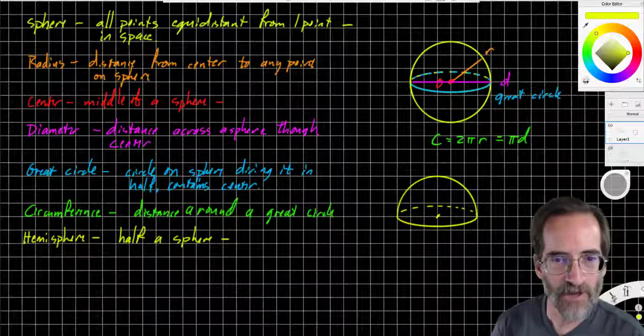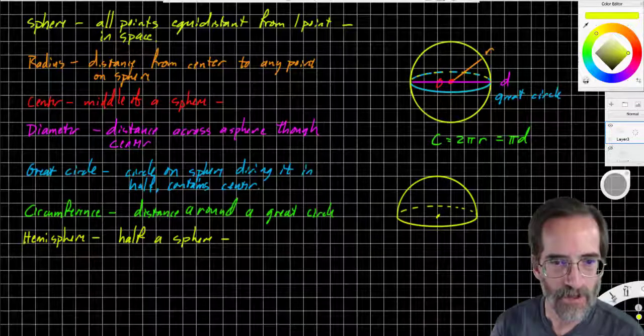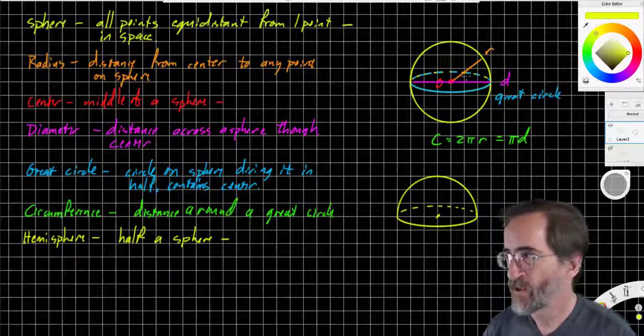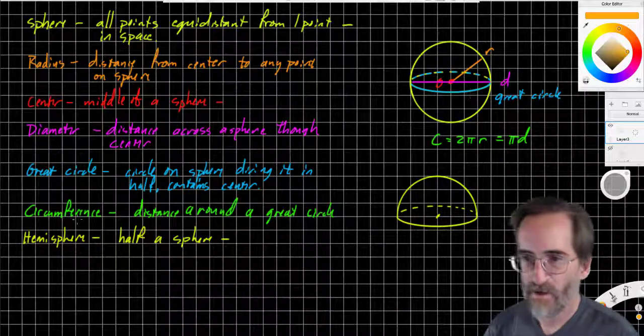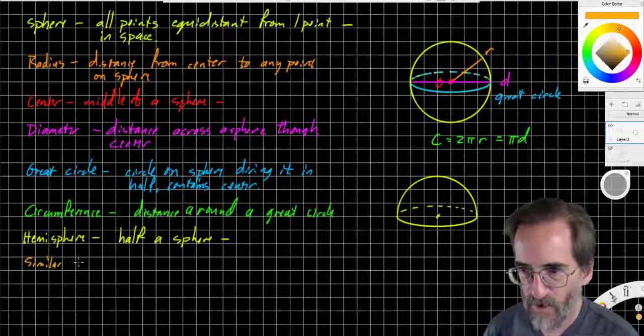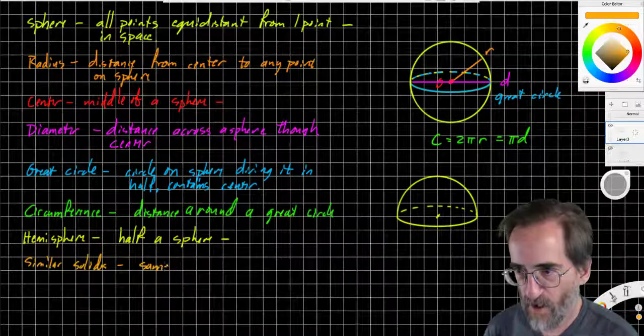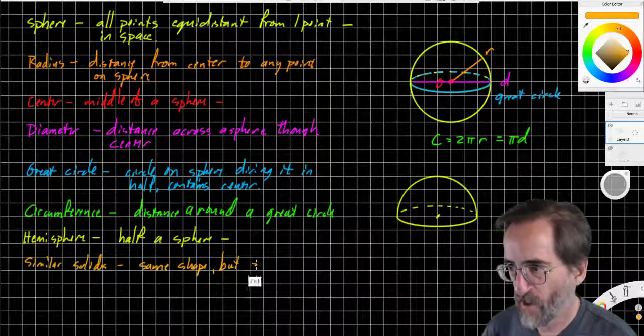Lesson 7, areas and volumes of solids. Similar solids. Same shape, but size can vary.